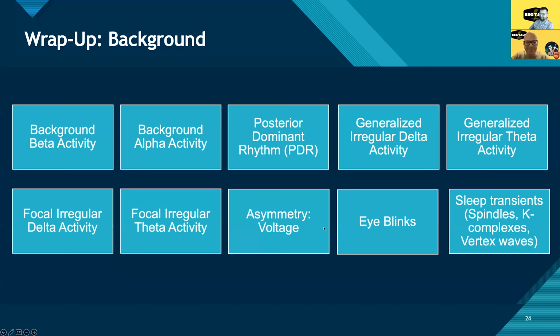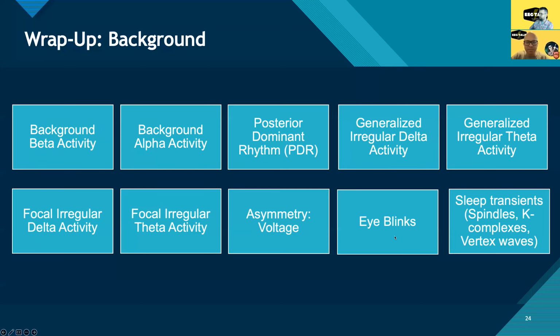All right, and I'll take the next two, and I'll give you the last one because it's pretty rich. So asymmetry in voltage means, on looking at both sides, one side will be different from the other in terms of the amplitude of the waveforms. It can be mild if it's less than 50%, and markedly asymmetric if it's more than 50%.